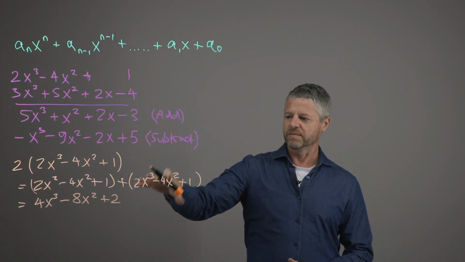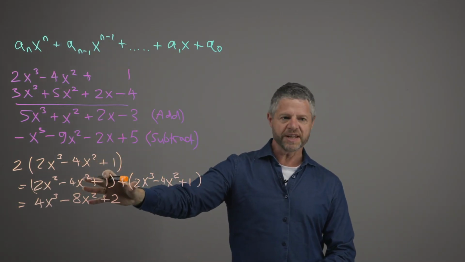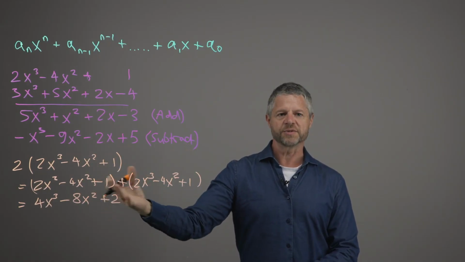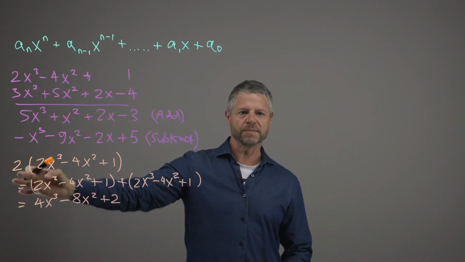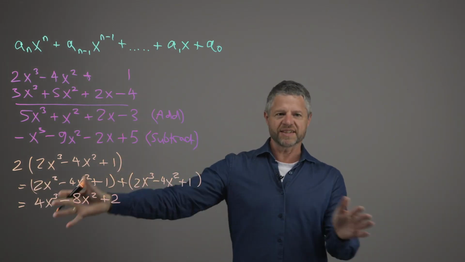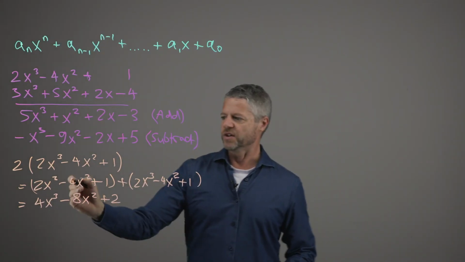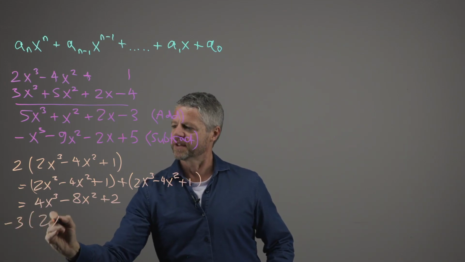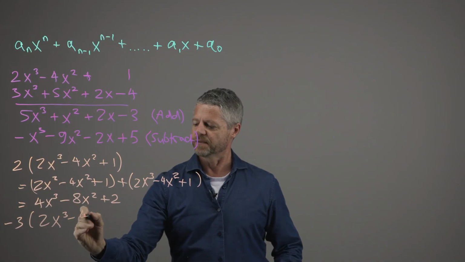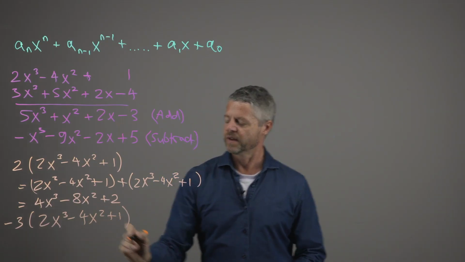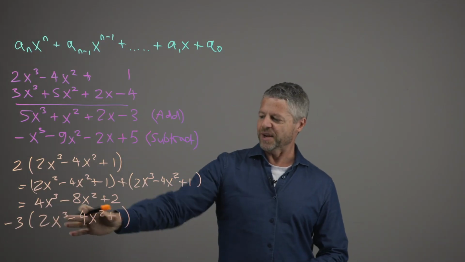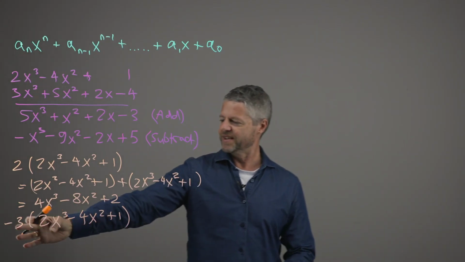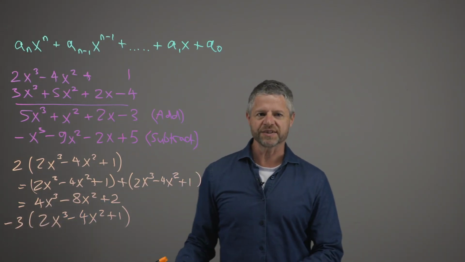Thinking about multiplication in these terms, repeated addition, we can also have repeated subtraction if we have a negative number that we're multiplying by. And we don't need to write this out in full each time. As another example, if we did minus 3 times this polynomial, then I could write it out 2x cubed minus 4x squared plus 1, and then another one, and then another one, and then we're going to subtract because we've got minus 3.